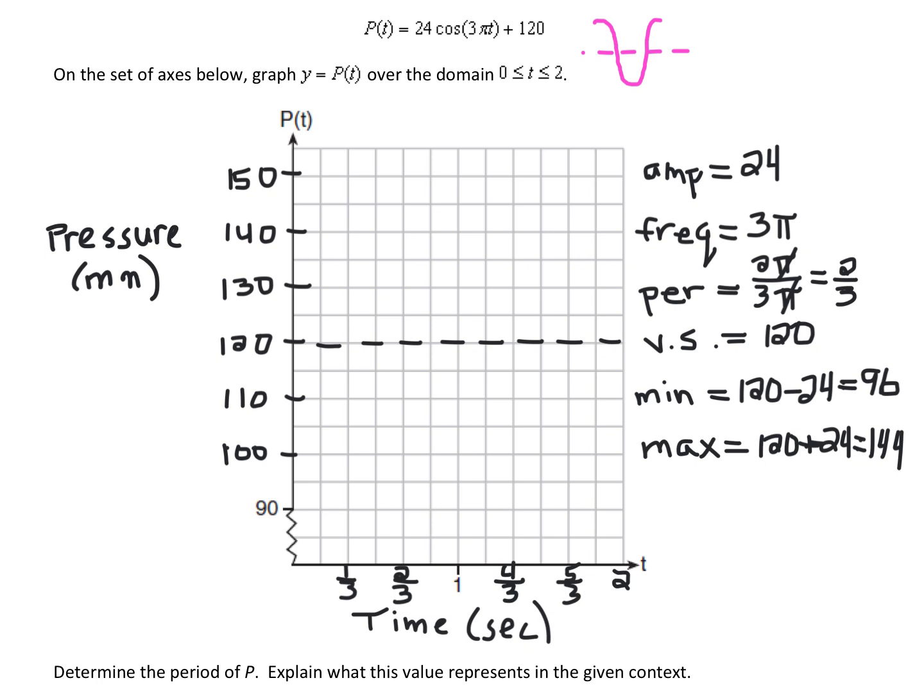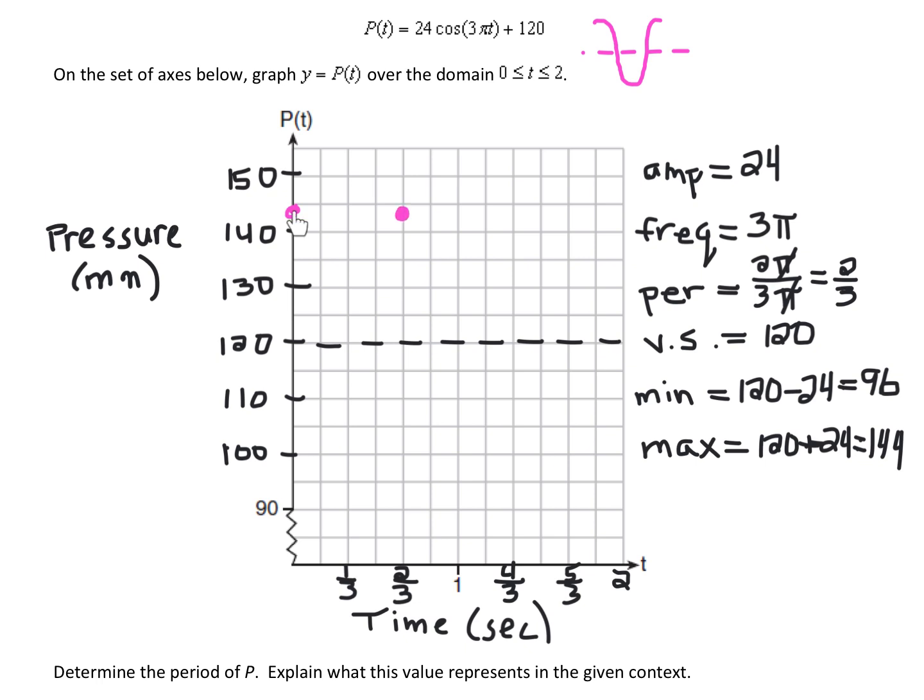We have to fit one complete cosine curve between 0 seconds and 2/3 seconds. So at 0 seconds, we're going to be at our maximum height of 144, which I'm going to put right here. And then since the period is 2/3, once we hit 2/3, we're going to be at that last point in our cosine cycle, which is right here.